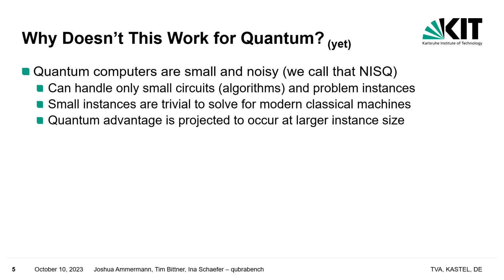And even worse is that actual quantum advantage is theoretically projected to only occur at larger instance sizes. So not only can we not run these larger instance sizes because of the NISQ limitation, we also don't expect advantage on the small instances.